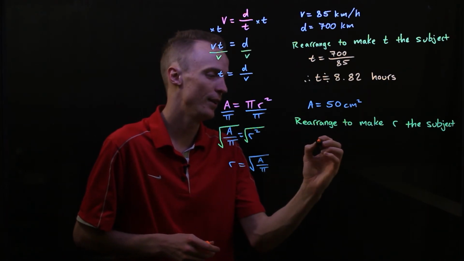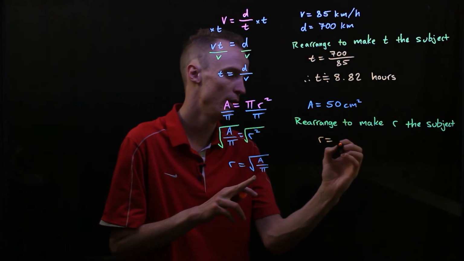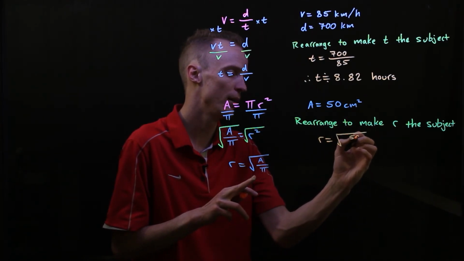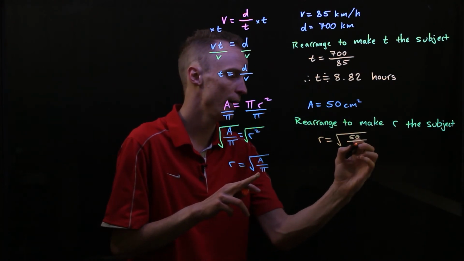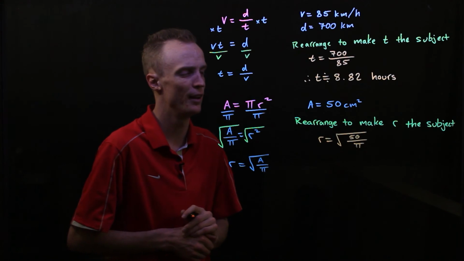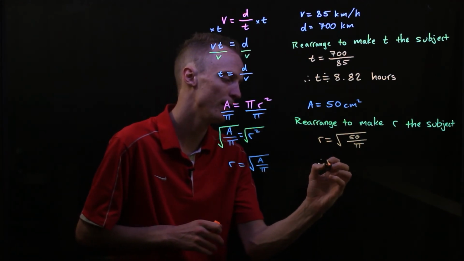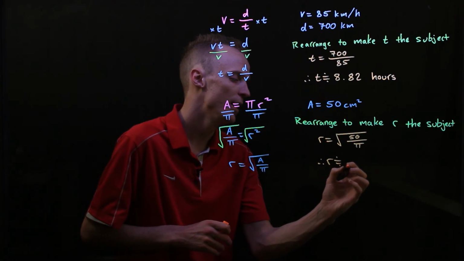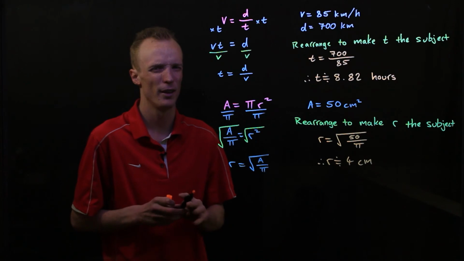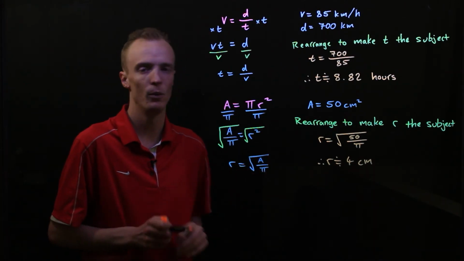So my radius for my circle will be equal to the square root of 50, because that's my area, divided by pi. Now, when I put that into a calculator, our radius will be approximately equal to 4 centimeters. It's slightly less than 4 centimeters, like 3.989 or something like that, but it's approximately 4 centimeters.